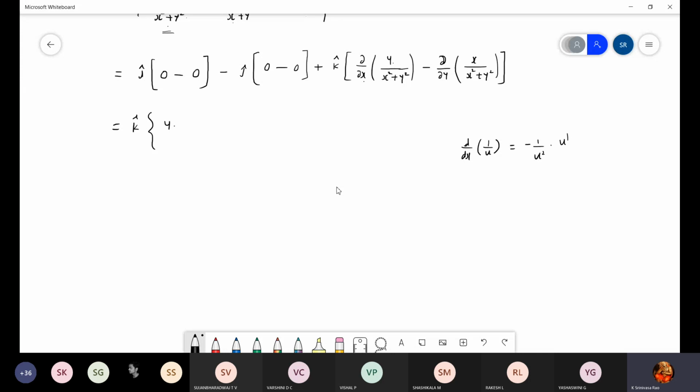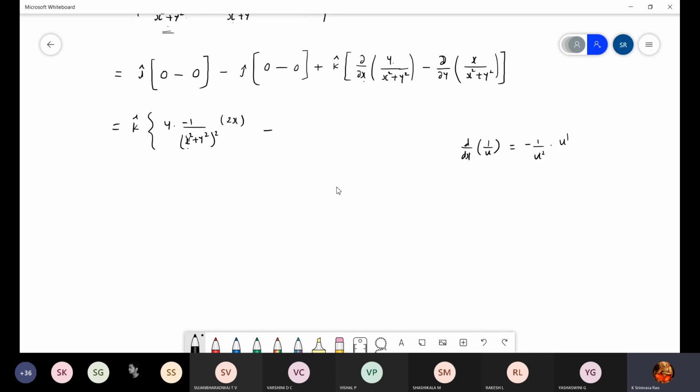So it is minus 1 divided by x square plus y square whole square into the differentiation of x square plus y square, which is 2x, as y square is 0. This is the differentiation of the first term.